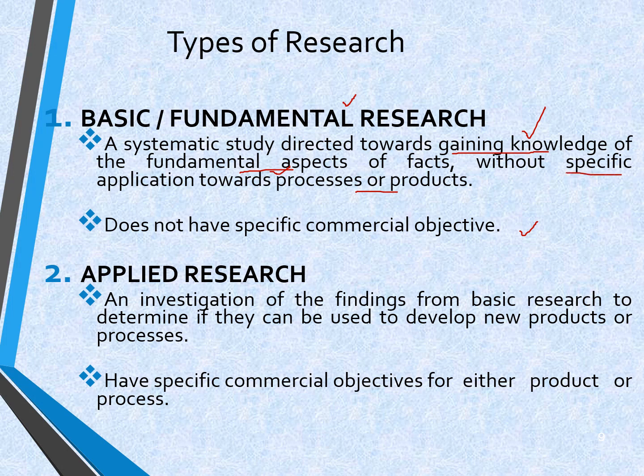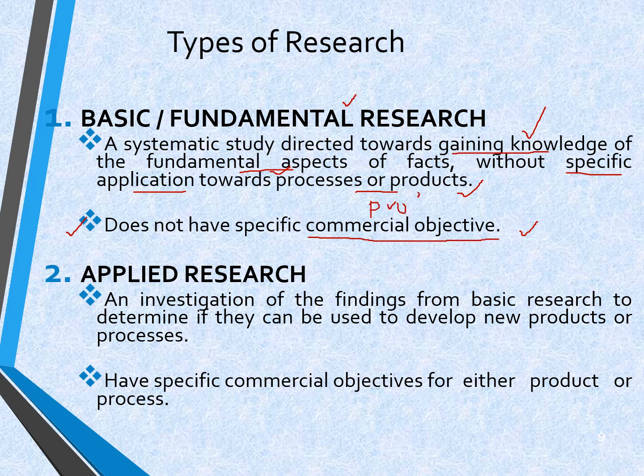Without specific application, without the purpose of applying that knowledge towards processes or in producing the product. So basic research is where the R&D team conducts research just to get the knowledge. That's all, full stop. That's why we have the second point here, does not have specific commercial objective. Commercial objective here means profit.